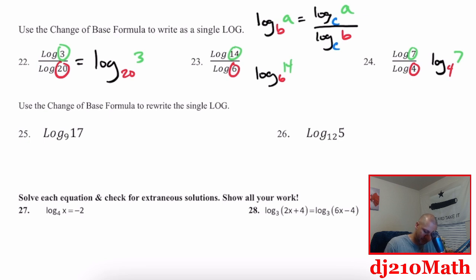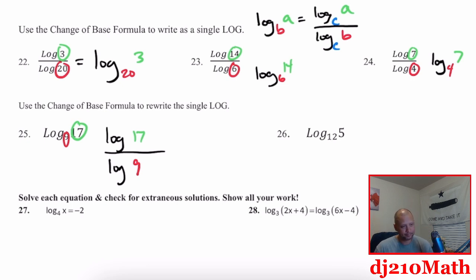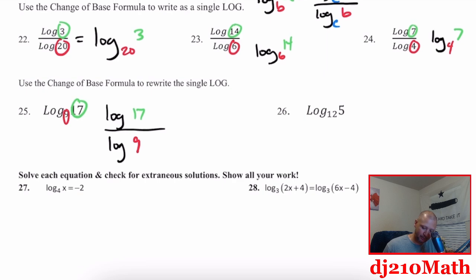Same thing. 17 is the higher number. The base is the lower number. So my final answer: log 17 over log 9. Too easy, right? It seems almost like we're cheating.